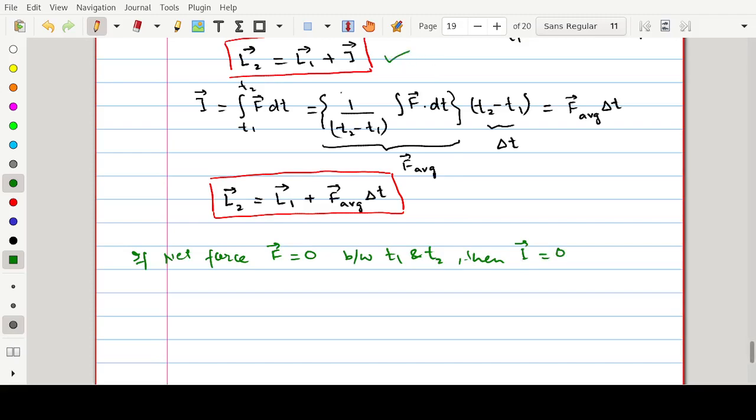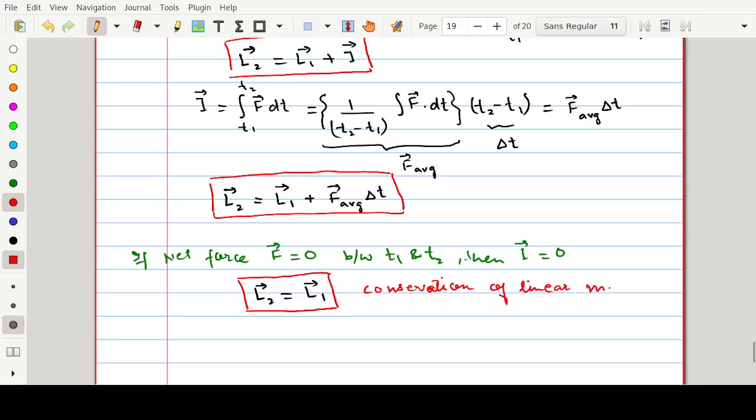Then from this equation we can write L2 is equal to L1, which is basically conservation of linear momentum.